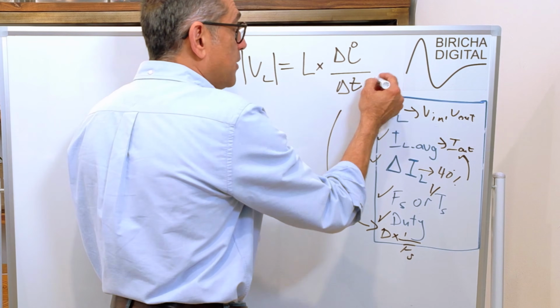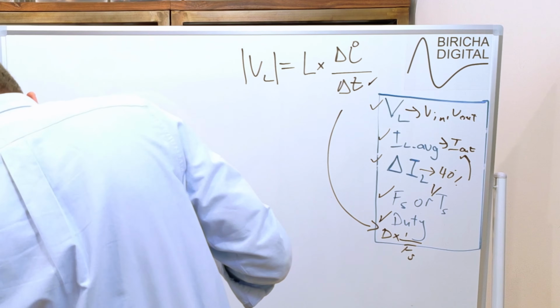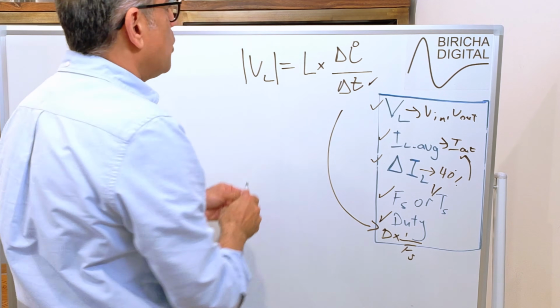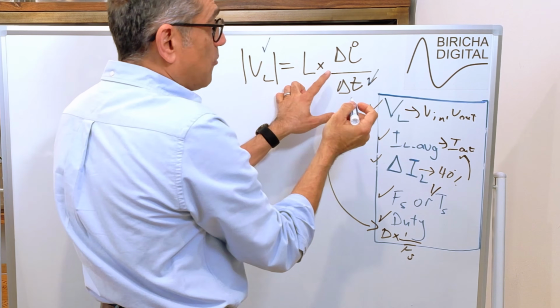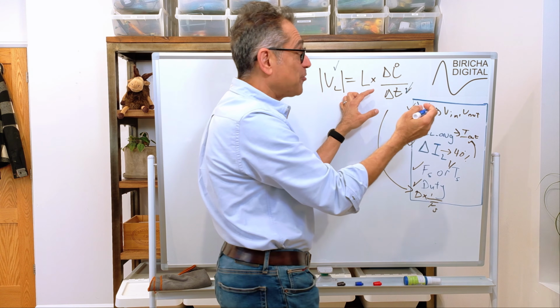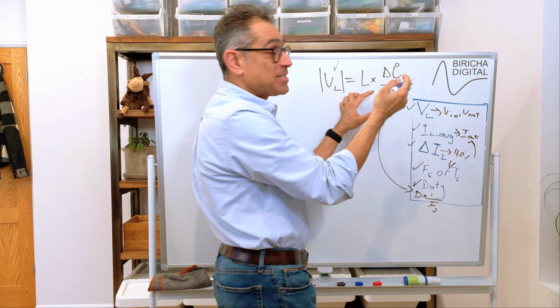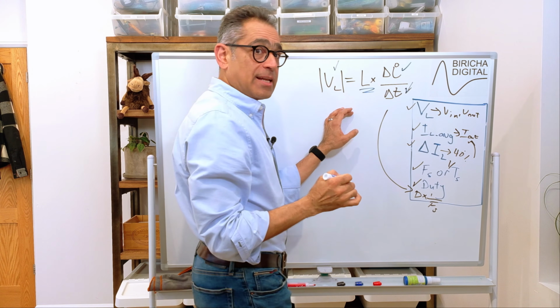Delta I is our ripple current, which is 40% of our output current in the case of our buck converter. Again, we'll explain later in our presentation why we use this value. We know this one and we can calculate L.